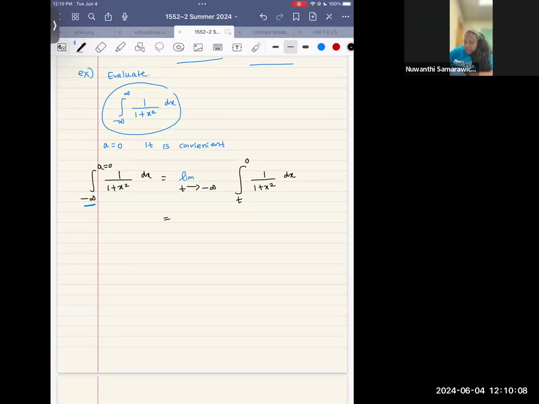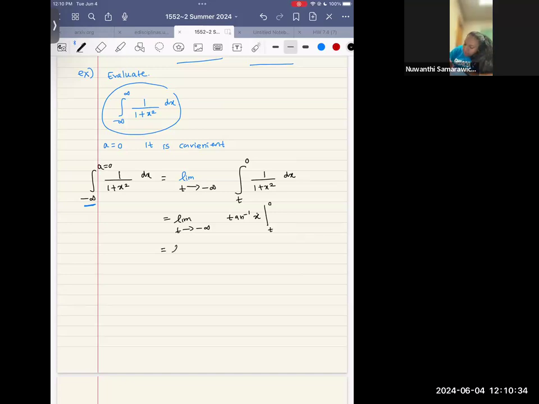So it is tangent inverse, so we can write tangent inverse x, and then we apply the limits t and 0. So can you all find it now?